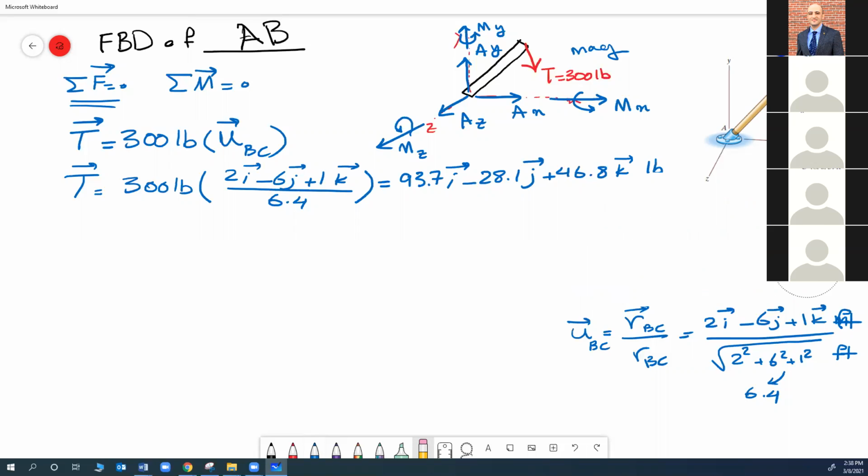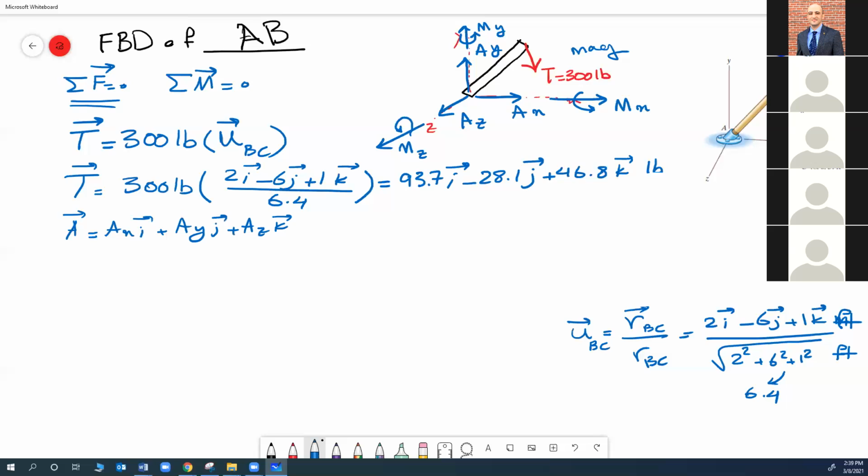Now I think I have everything I need to at least do the forces, right? Point A, if you want to just write it like a vector, you can. Force A is going to be AXI, AYJ, AZK, something like this.